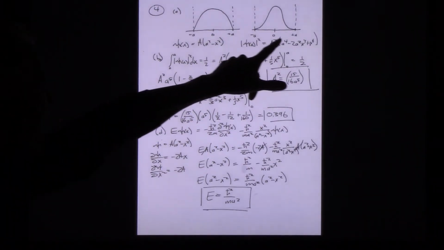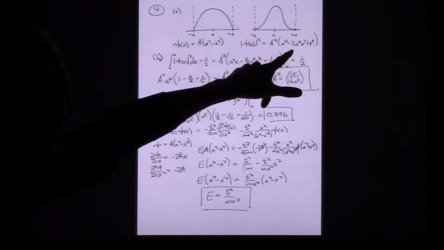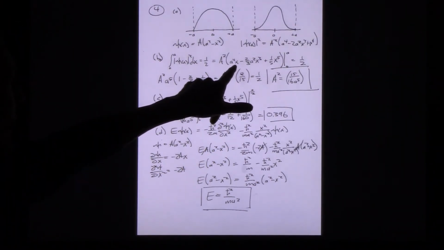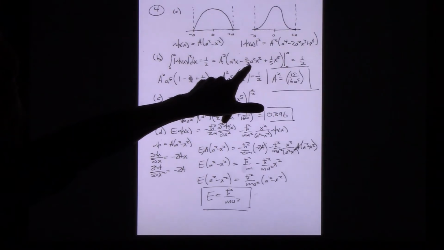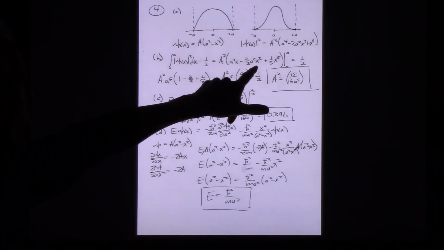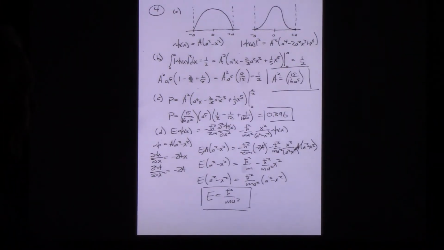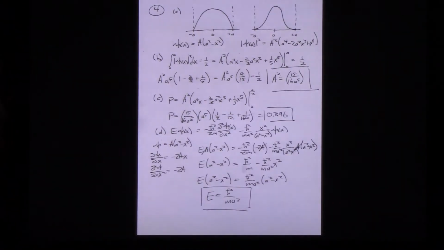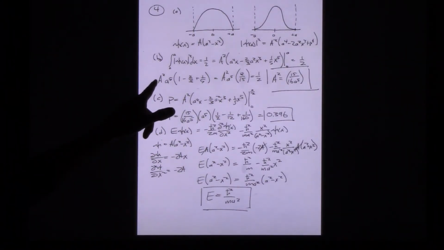But I can imagine taking the integral at each step, and it comes out as a to the 4th times x, minus 2/3 a squared times x to the 3rd, plus 1/5 x to the 5th. Then I'm only integrating from 0 to a, and I set the whole thing equal to 1/2.